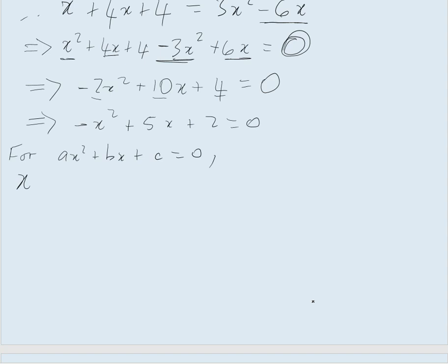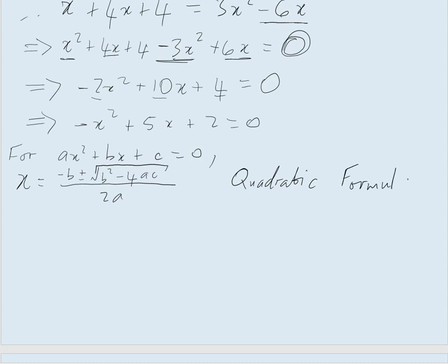We have x is equal to negative b plus or minus the square root of b squared minus 4ac, all over 2a. And this is the quadratic formula. So we just need to plug in these values and be careful with the signs, and we will be fine.